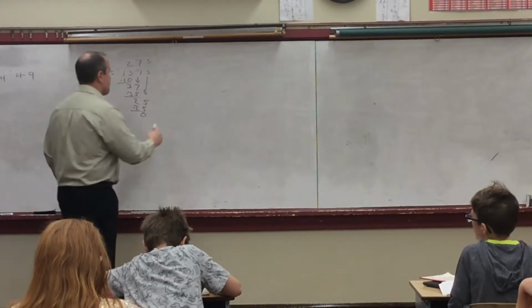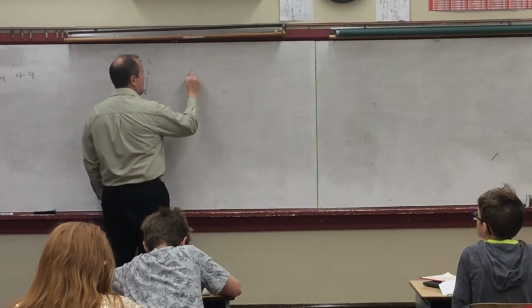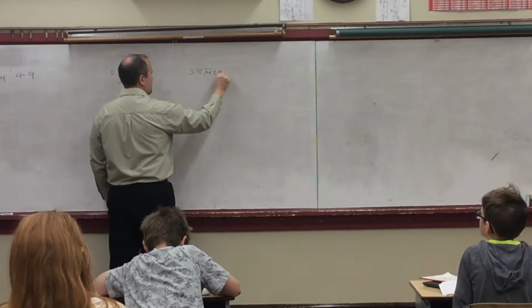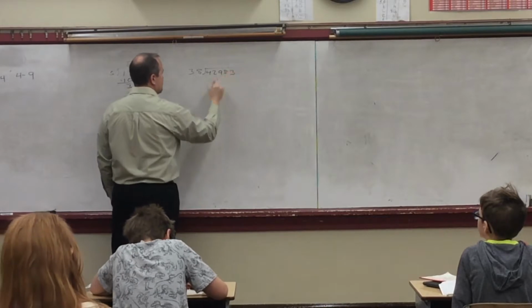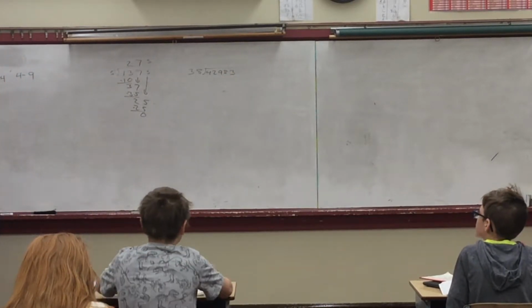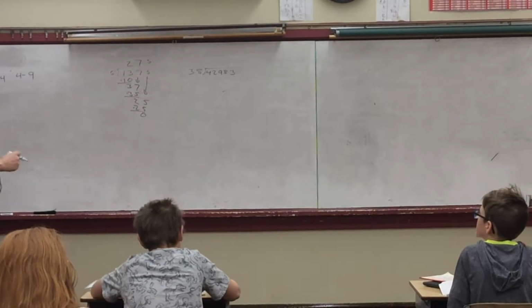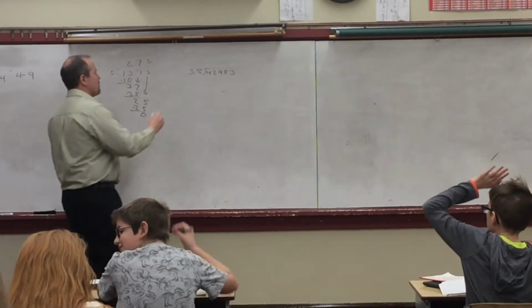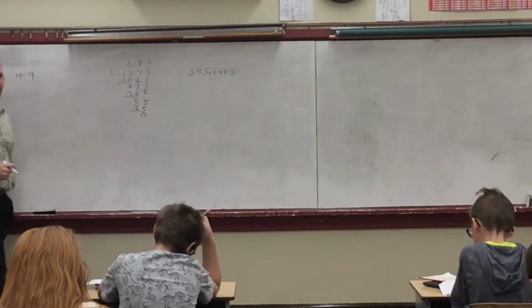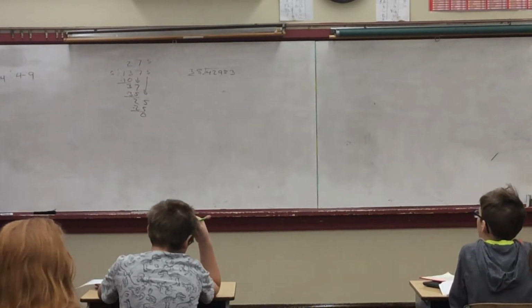If we have this, 42,983 divided by 38. The first thing I want you to do is to underline the 3. Now, what is the first number that the 3 goes into?